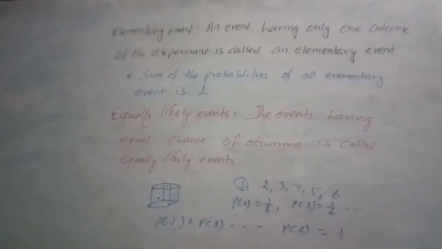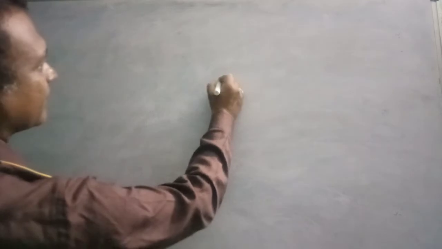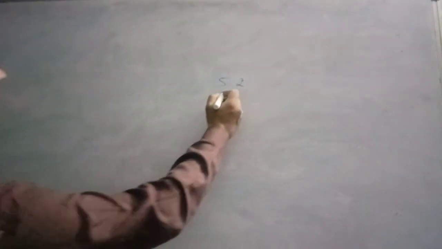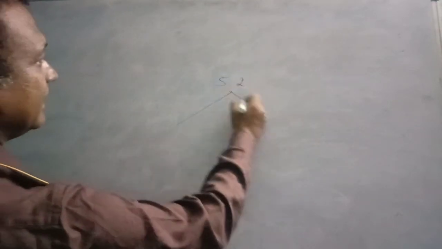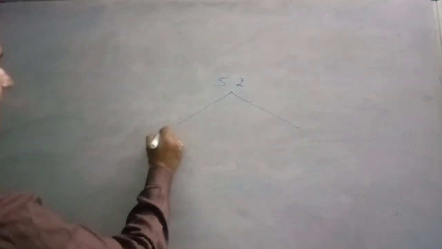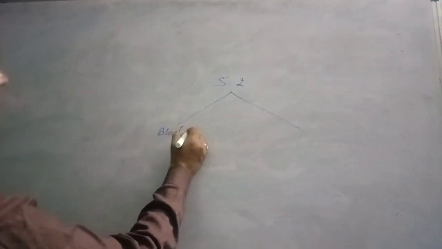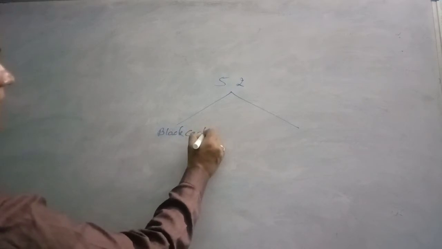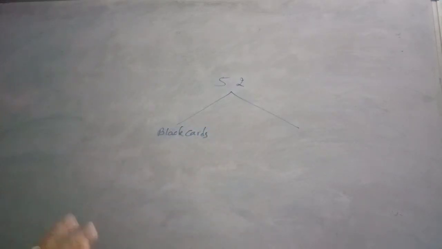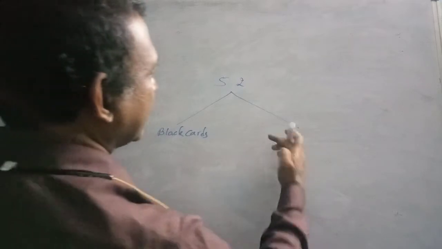Right? One more thing we need to discuss is the deck of cards. A deck of cards has 52 cards, and among these there are black cards and red cards.